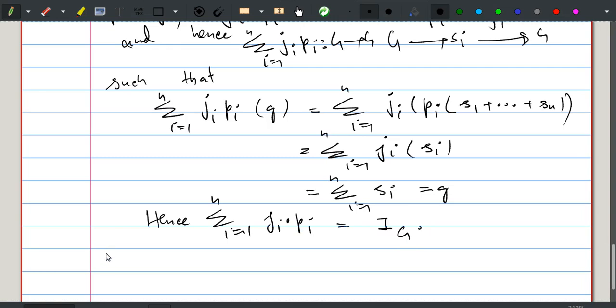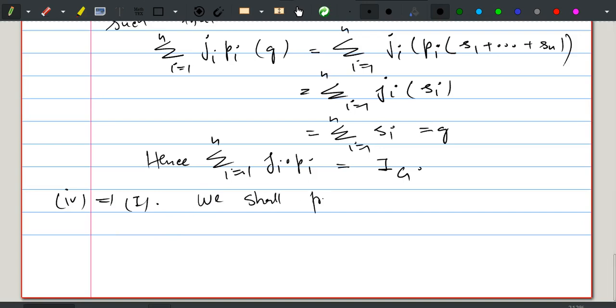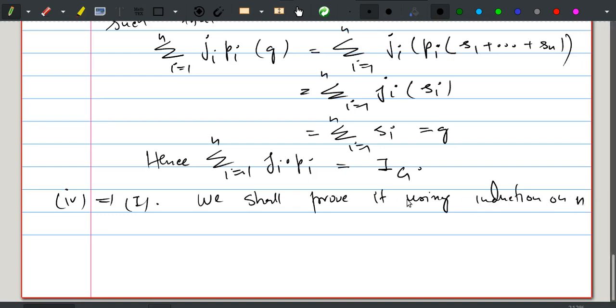Now it remains to prove that fourth implies first. Again we prove this using induction on n, where n is bigger or equal to 2.